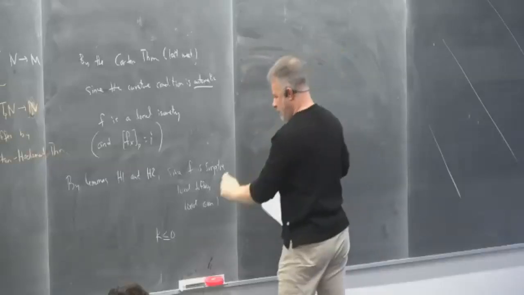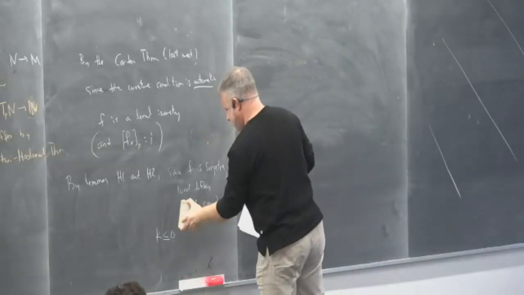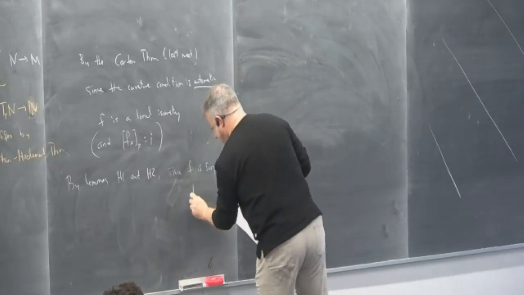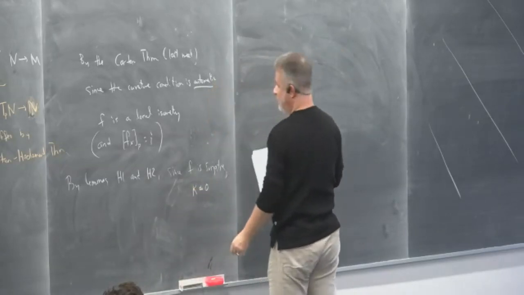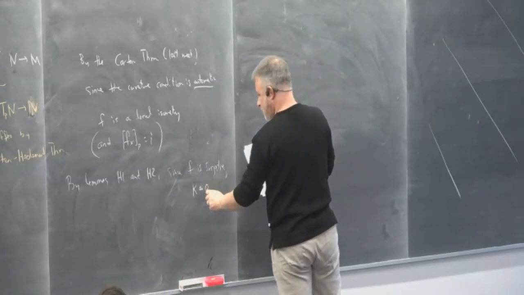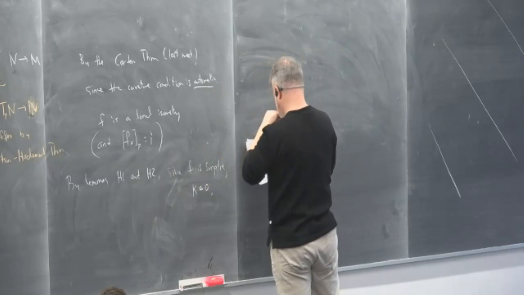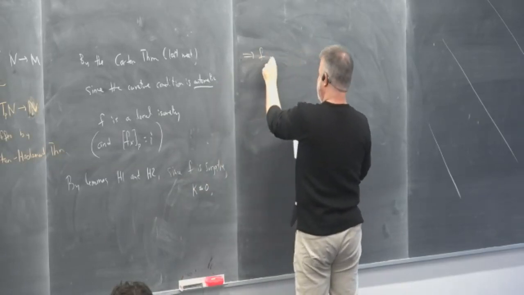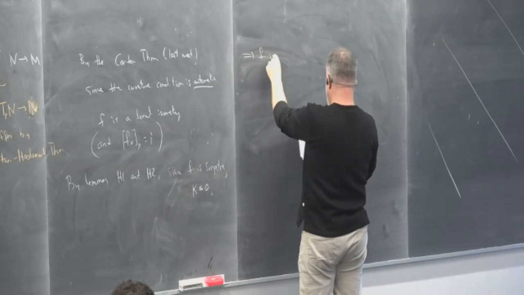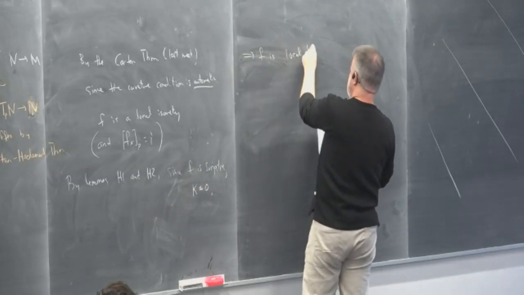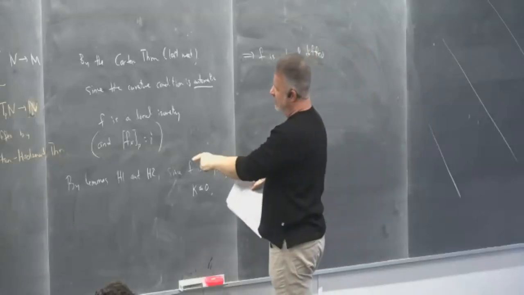Sorry, I'm writing things that are not assumptions. Since F is surjective and K is less than or equal to 0, we get that it's a local diffeomorphism. I'm messing up my logic. Right, this already followed from here.